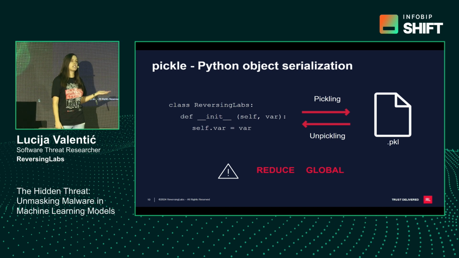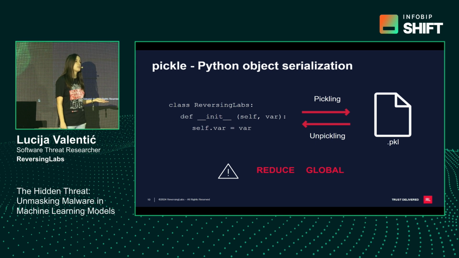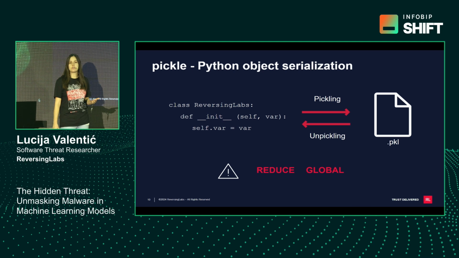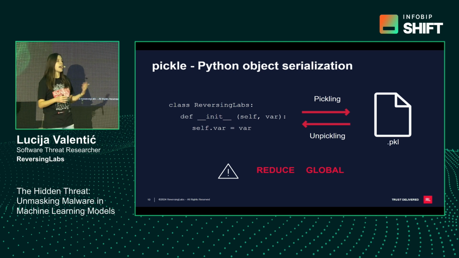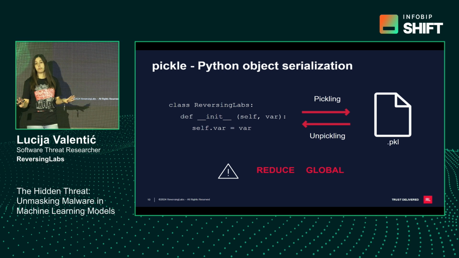In the process of pickling, a Python object hierarchy is taken and turned into a sequence of opcodes that represents that Python object hierarchy. And in the process of unpickling, that sequence of opcodes is interpreted by something called the pickle machine, with its stack and memo that help with interpretation, until the last opcode is reached, stop.